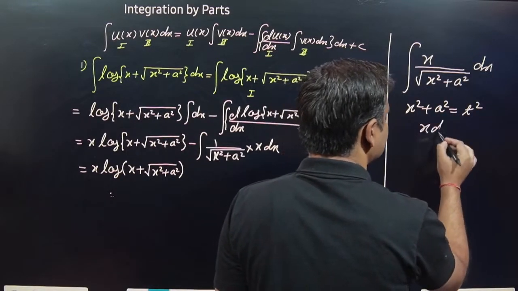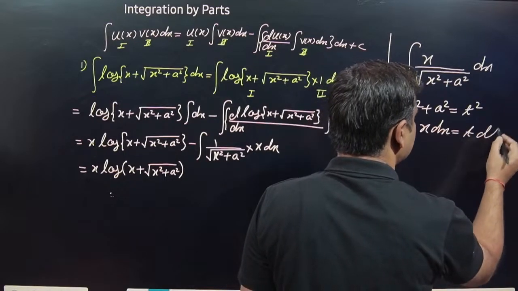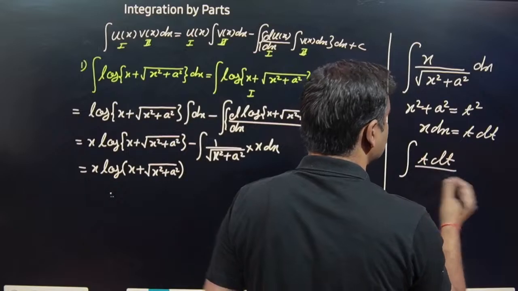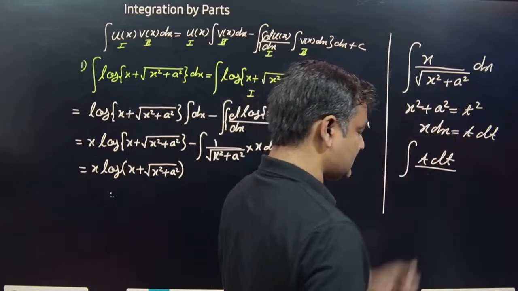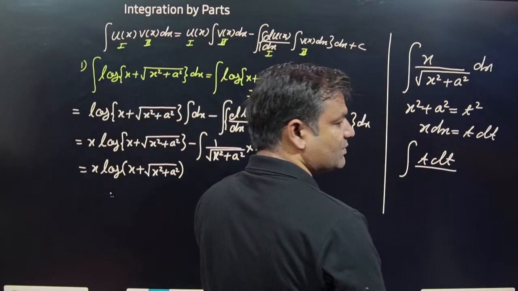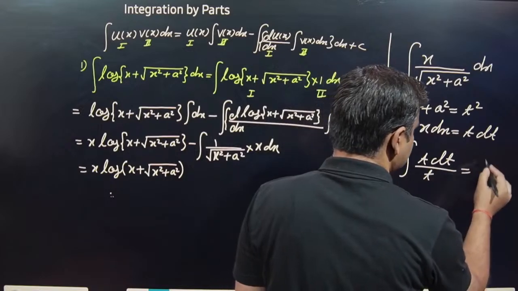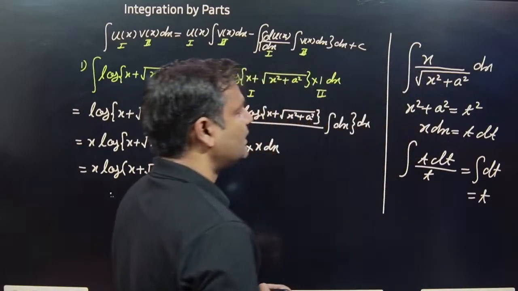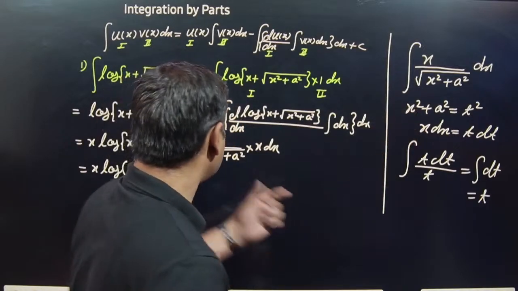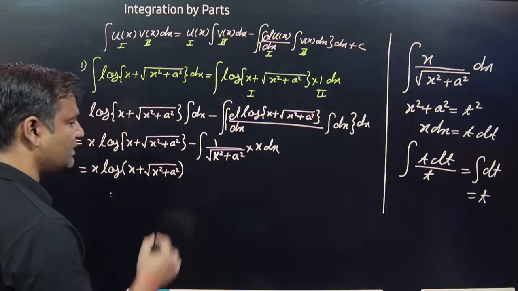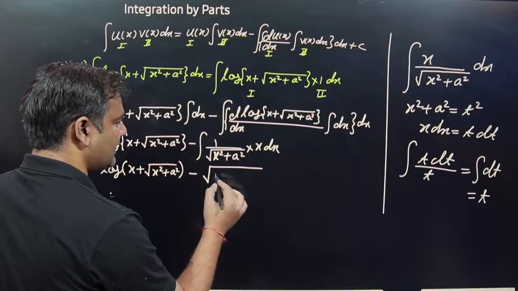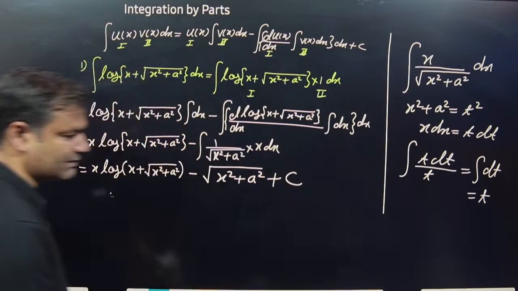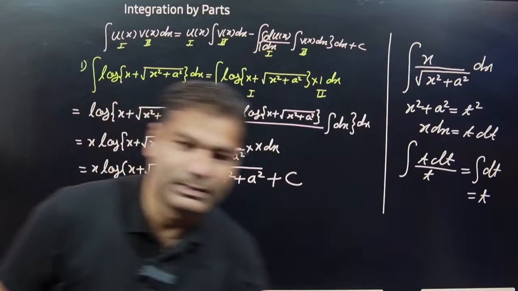So x dx is written as t dt. Put that value here. Then we get t dt divided by under root t square, simply t. So basically dt, which means the integral is t. t means under root x square plus a square. So the integration of this is simply under root x square plus a square, and after that finally C is added here. Clear?